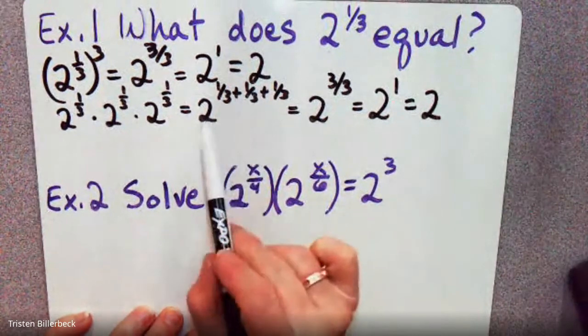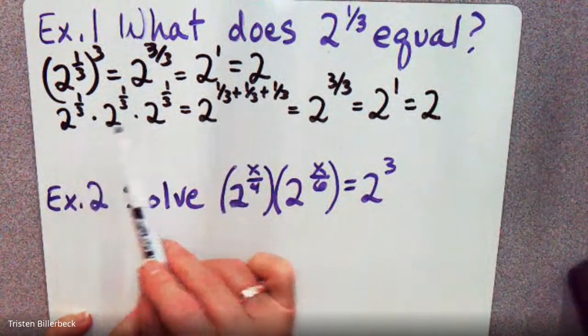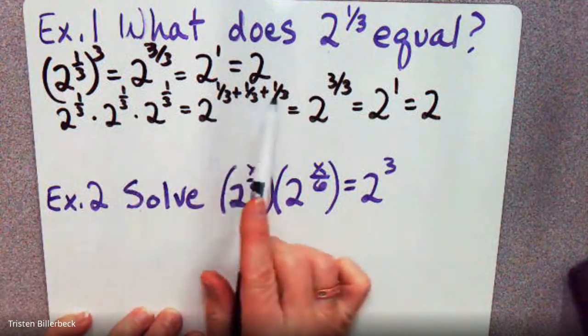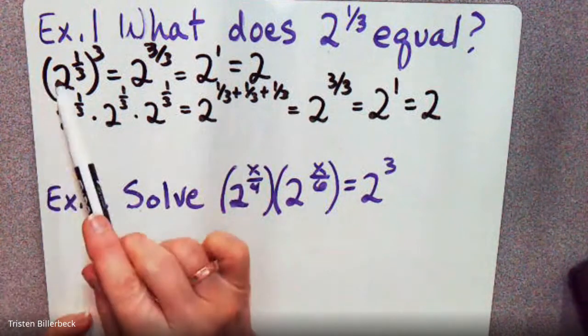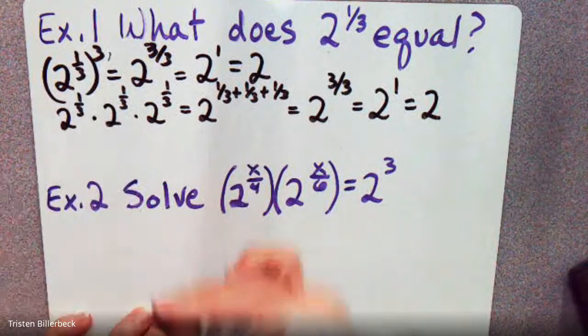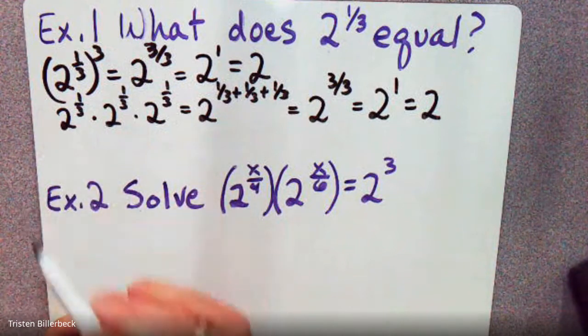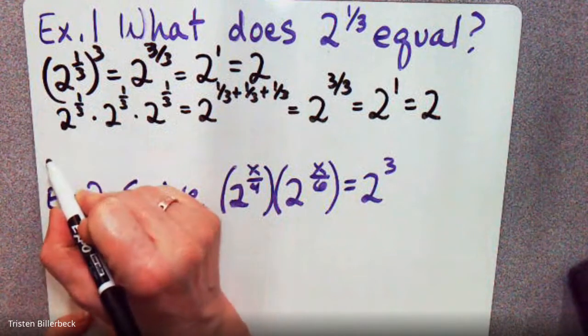Okay, so that's using the product of powers, where we add the exponents, as opposed to the power of powers, where we multiply the exponents. So then if we use the fact that this is supposed to be the root, let's check it out.